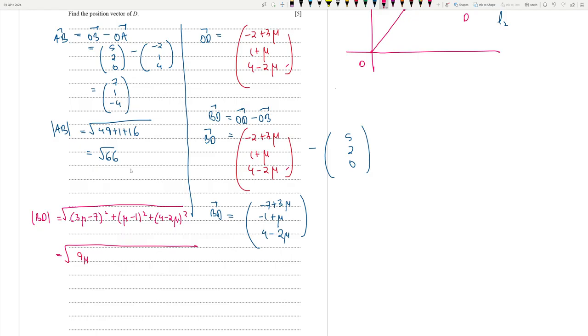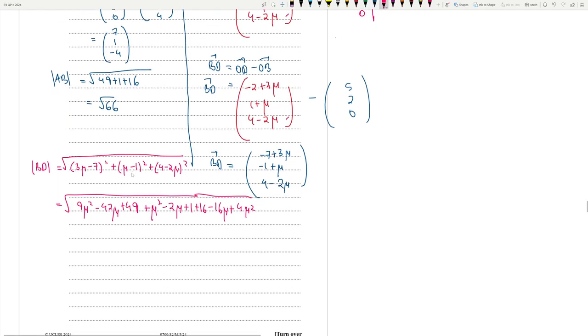So that's 9 mu square minus 42 mu plus 49 plus mu square minus 2 mu plus 1 plus 16 minus 16 mu plus 4 mu square. So we ultimately get 9 plus 1 plus 4, that's 14 mu square.